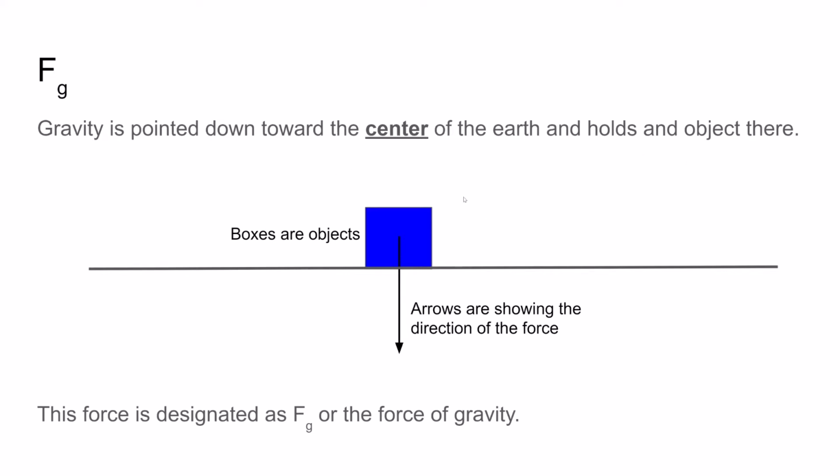Obviously, gravity points down toward the center of the Earth. Okay, it always does. And so we always attach our arrows to the center of our boxes. So our F of G, the arrow would just be like so.